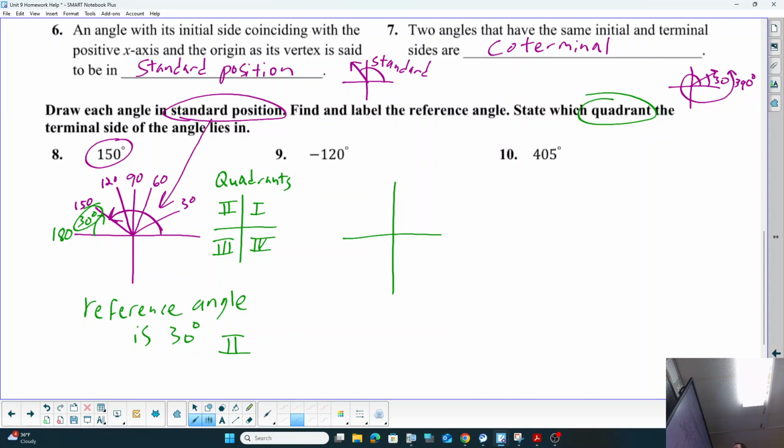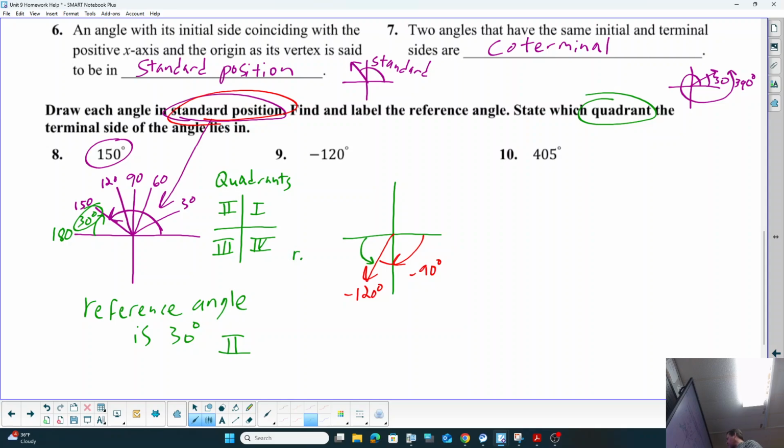We'll do it in red because it's going down. So all the way to here is negative 90 degrees. So 30 more would be, that's right, there's your negative 120 degrees. So that's the terminal side in standard position. Now the reference angle again is going to be the small angle that it makes right here.